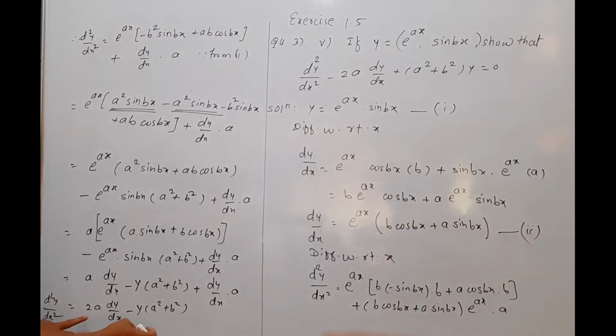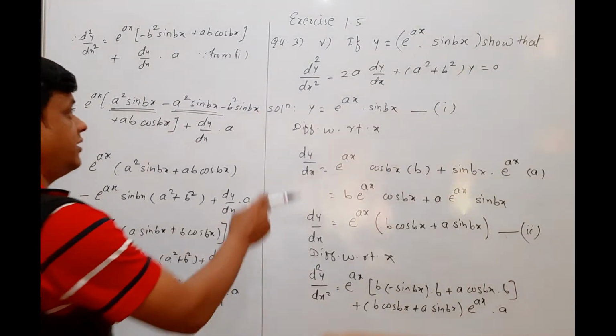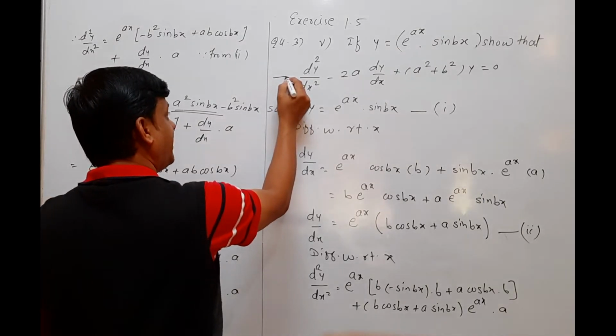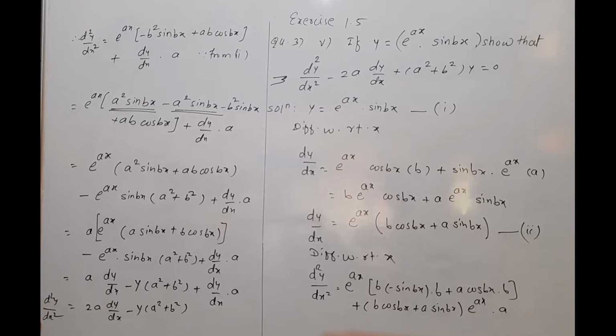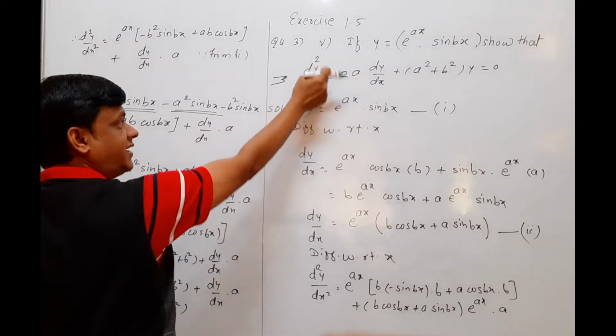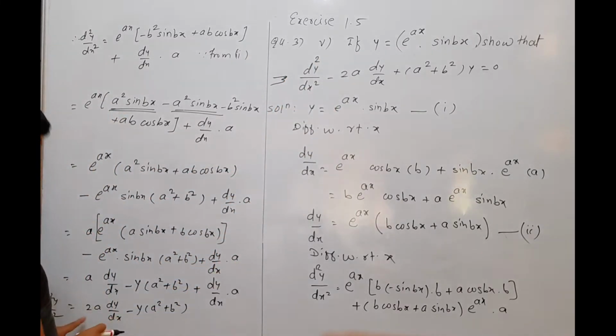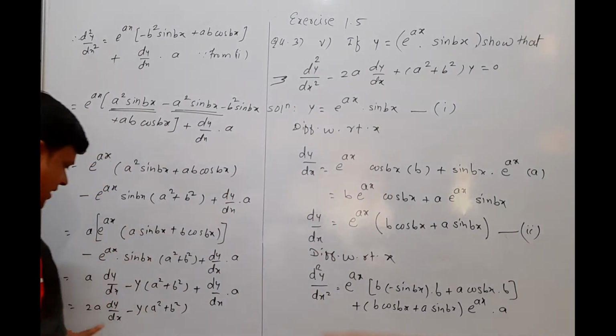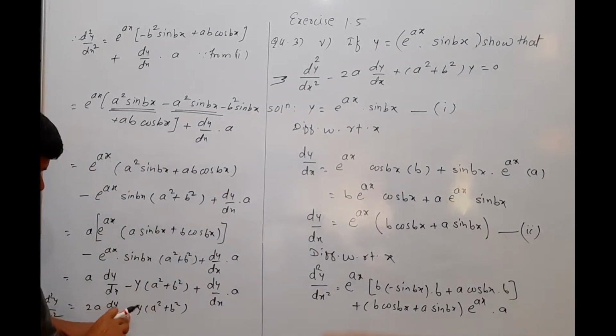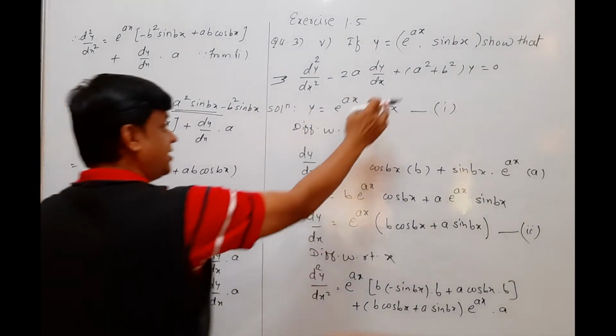So we transfer both the terms of RHS to left hand side so as to get the required answer. So see here, d2y by dx2 we keep in left hand side as it is, then we transfer this twice a dy by dx, then we get minus twice a dy by dx, and when we transfer this term to left hand side, this minus sign changes to plus.